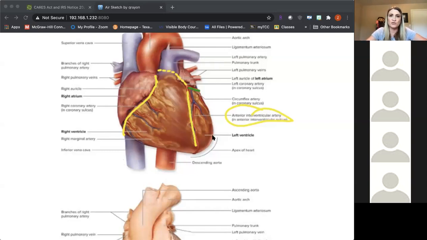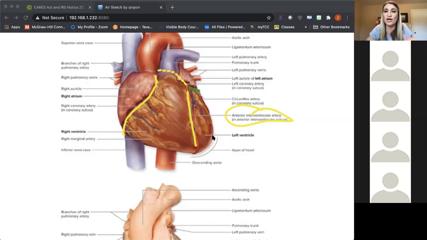The anterior interventricular sulcus is the groove on the anterior side of the heart, and it's called interventricular because it runs on top of the interventricular septum. Interventricular means between the ventricles. So it runs along the top side of the interventricular septum. That's why it's called the anterior interventricular sulcus. It is going to house your anterior interventricular artery.